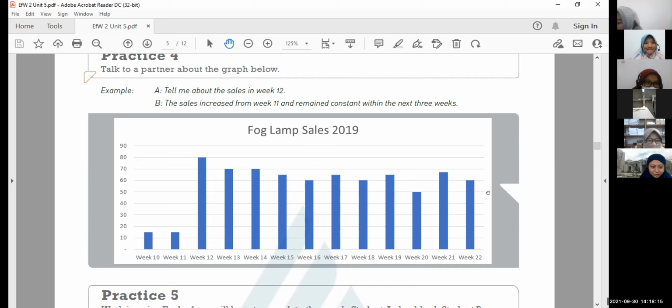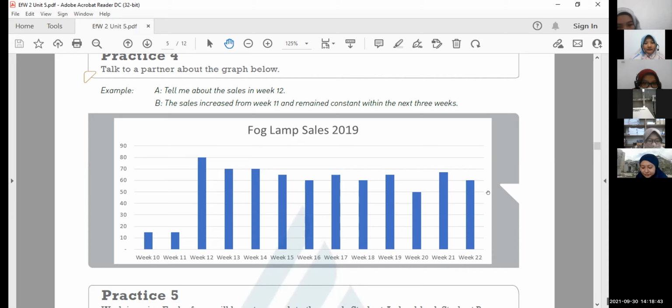Hi, Miss Pia. I want to ask you, what happened in week 13 sales? If you look at the graph, it went steadily constant in week 13 and 14. And what about the next 3 weeks, Miss Putri? I think from week 15 until 17 it fluctuates.